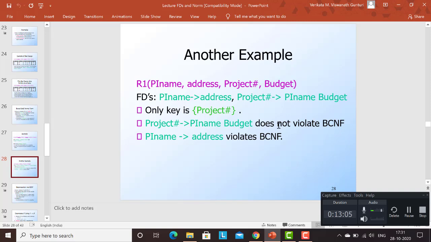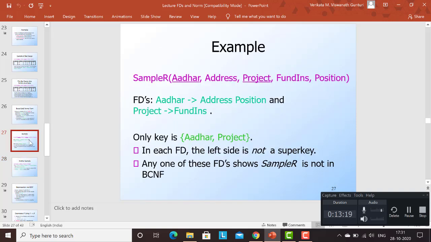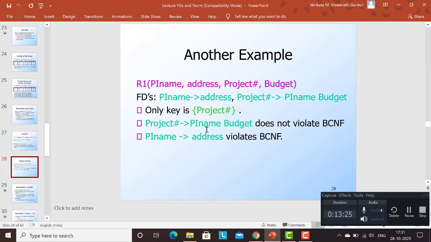The thing to remember is that even if you catch one FD which violates the BCNF property, that means the whole relation is not in BCNF. Here both of our FDs violated BCNF for the sample R, but here only one of the FDs violates the BCNF property.